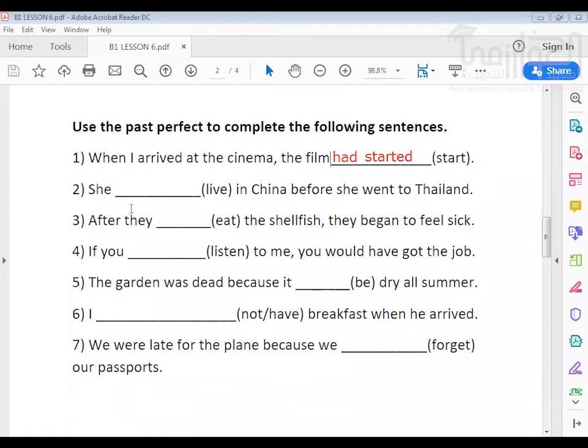And then two. So she had lived. And then we have after day. So this should be what? The shellfish, they began to feel sick. So they had eaten.